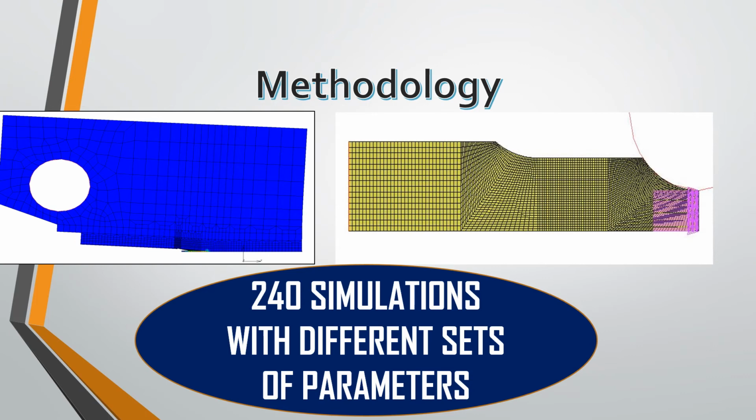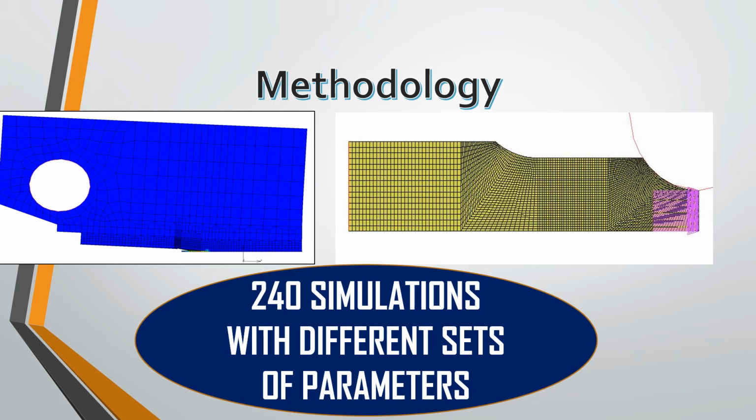As you can see in the picture, there are 240 simulations with different sets of parameters. I will explain. 240 simulations means for each specimen I have done 120 simulations. Why 120? Because 120 over 6, which are the 6 parameters, is 20 simulations. So for each parameter I have done 20 simulations.